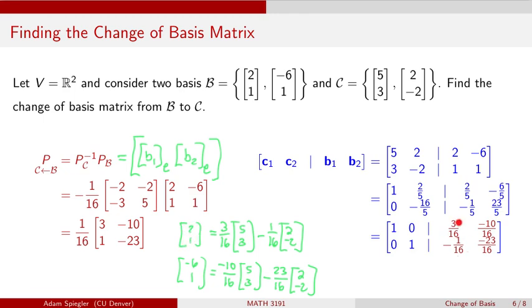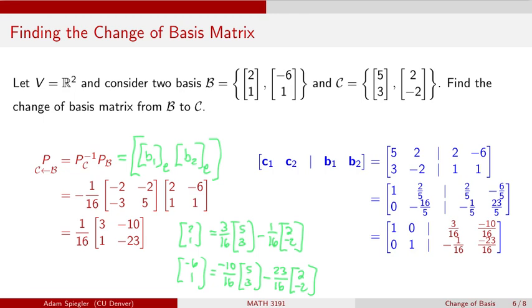So this first column of 3/16, minus 1/16 is the vector B1, 2, 1, written with respect to C coordinates. And similarly, minus 6, 1 has C coordinates minus 10/16, minus 23/16. So this is consistent with that previous theorem.